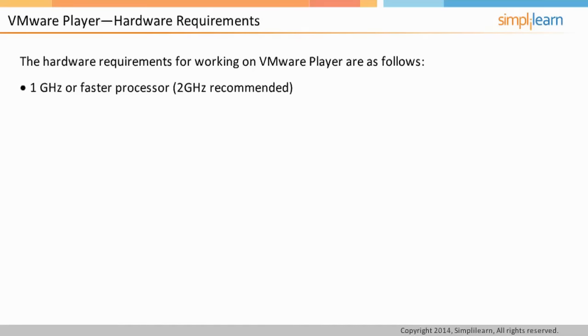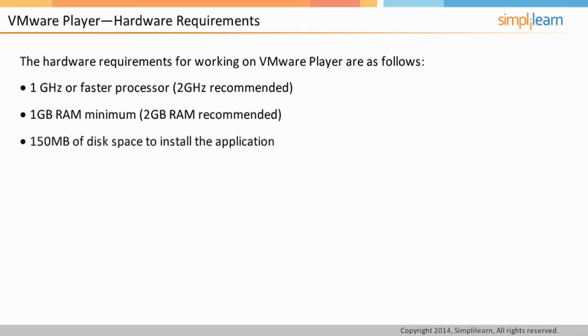At least 1 GHz of processor which can support Intel VT or virtualization technology, 1 GB RAM, and 150 MB of hard disk space to install the application. However, it is recommended to have 2 GHz of processor and 2 GB RAM for optimum performance. In the next screen, we will learn to install VMPlayer.